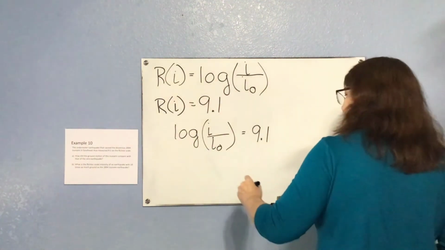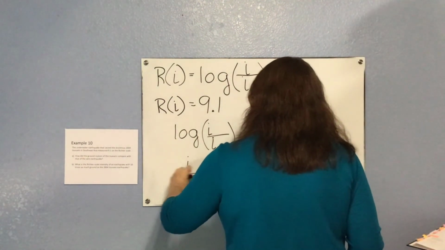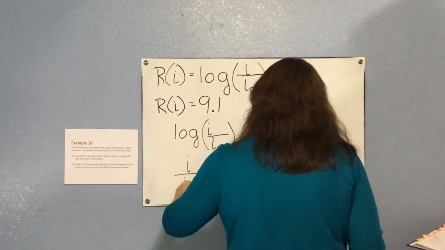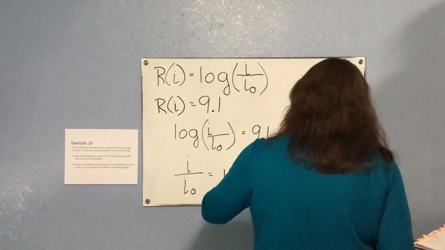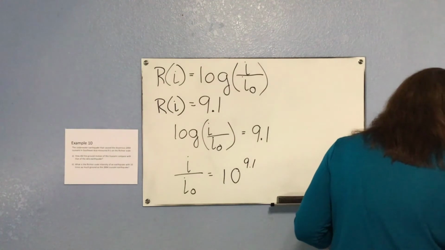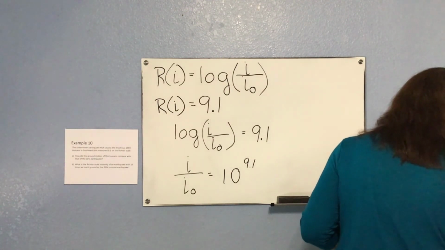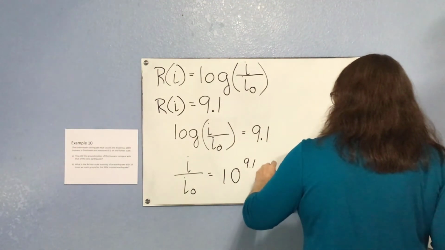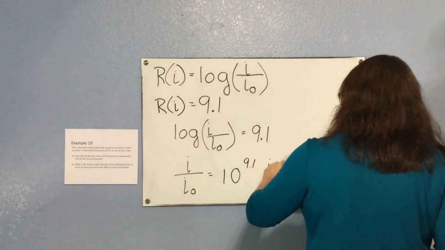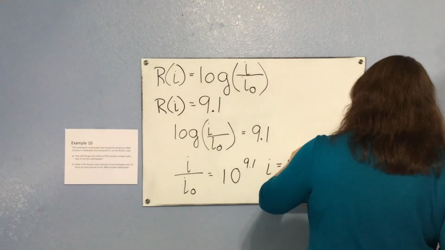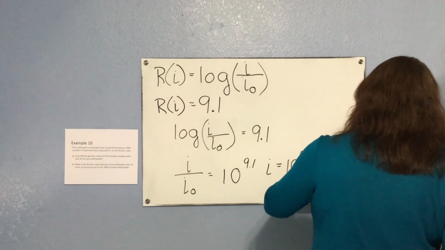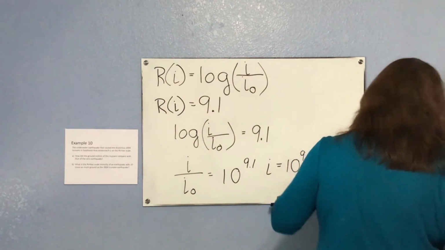So I can say I over I sub 0 is equal to 10 to the 9.1 power. Or we could also write I is equal to 10 to the 9.1 times I sub 0.